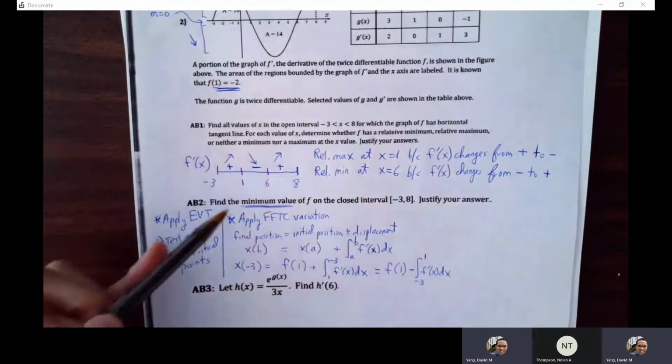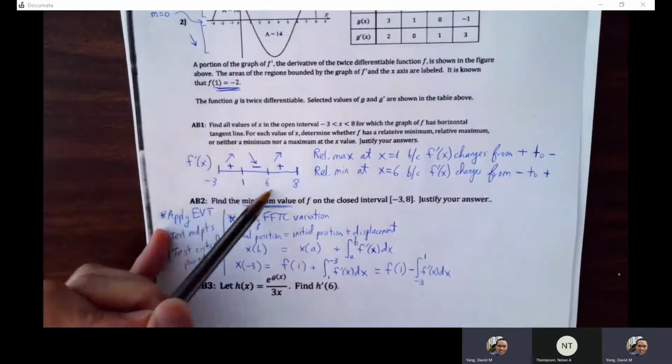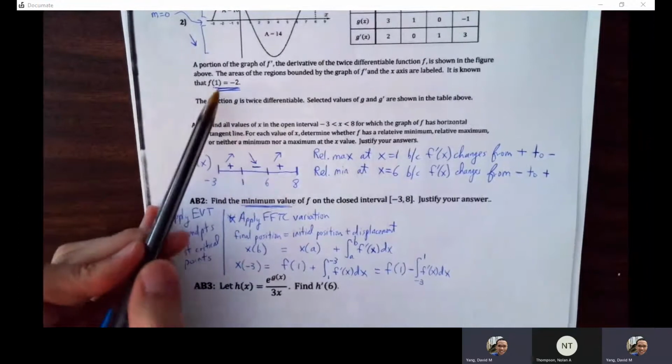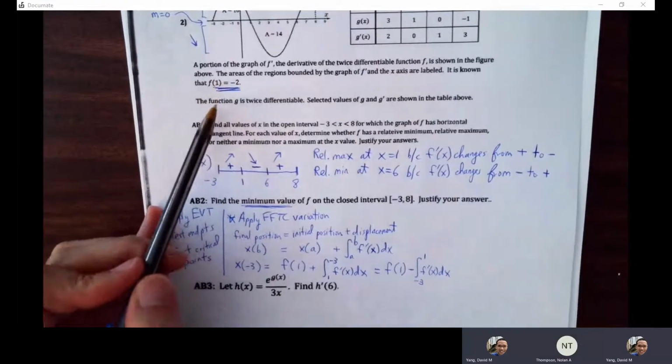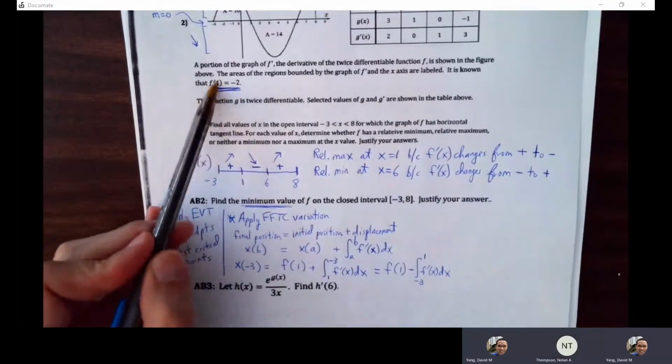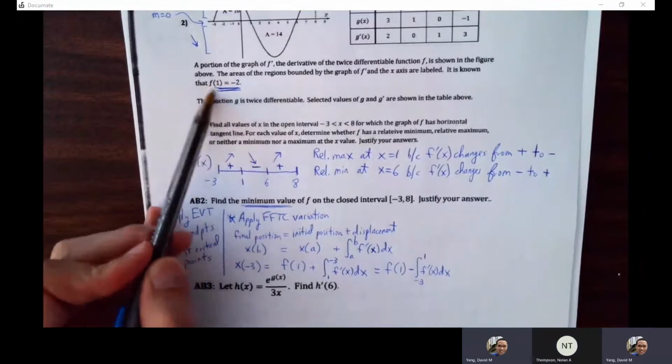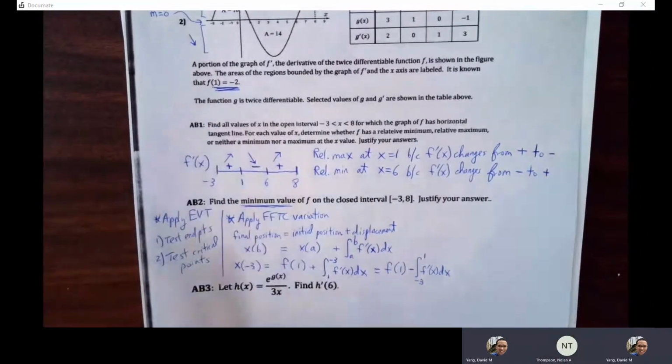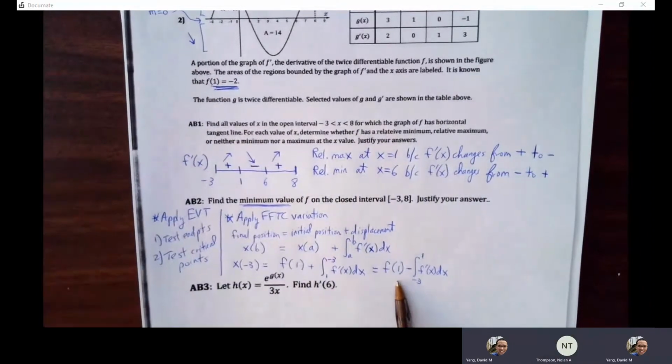Yeah, we know the graph is going to rise and fall and rise, but we don't know exactly where these points are, and we're going to have to find them using our starting point. All right.